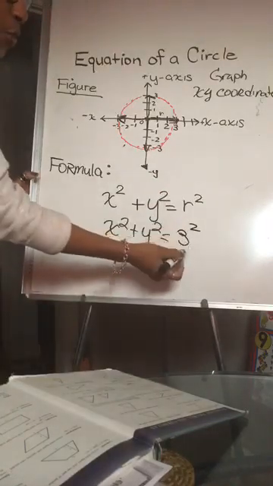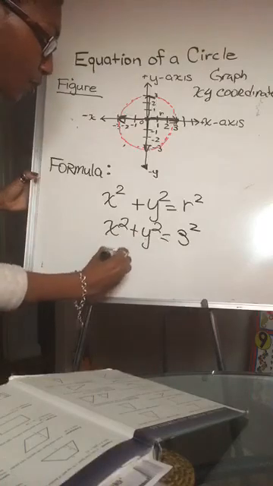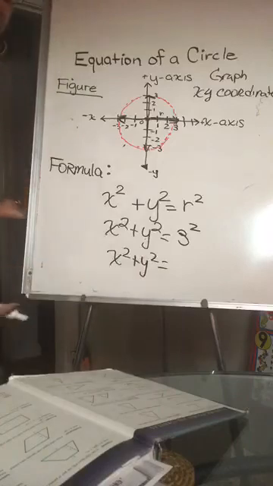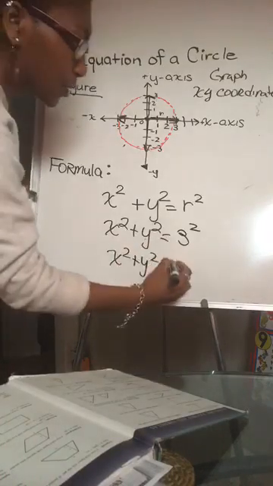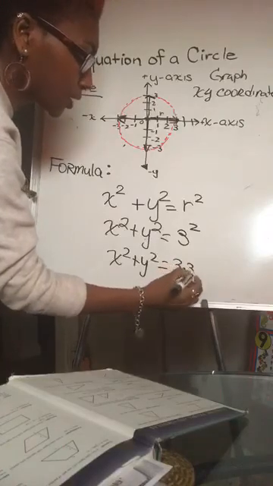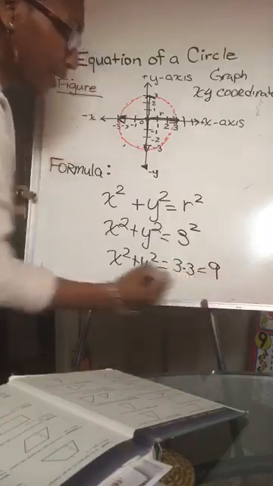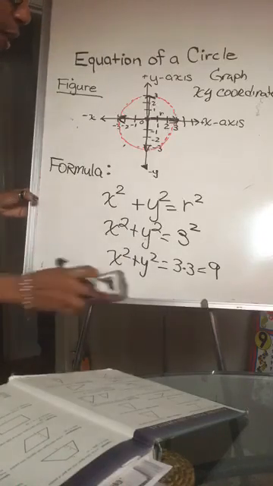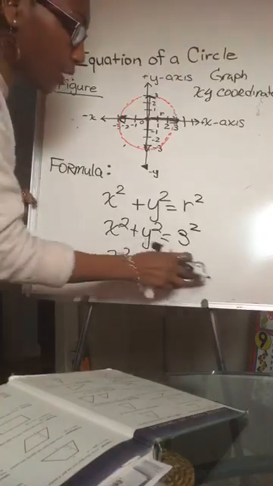Sometimes they want you to leave it like this. It depends on if it's a multiple choice test or what your teacher or your assignment instructions are asking you. So this is 3 times 3, and what is 3 times 3? 9. I'm going to erase this, since we know what 3 squared is.